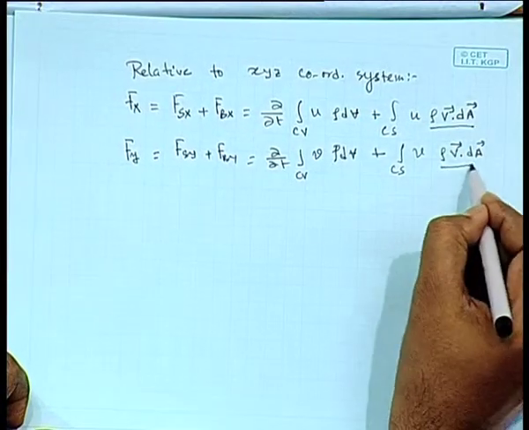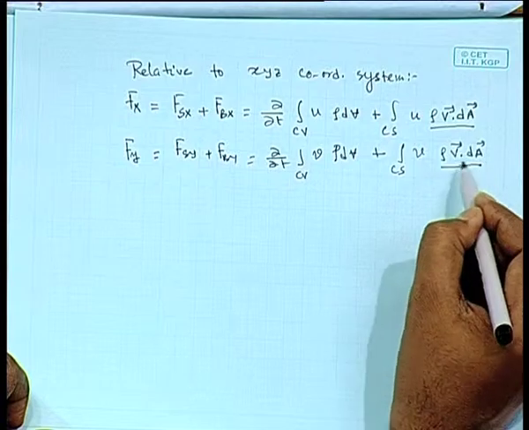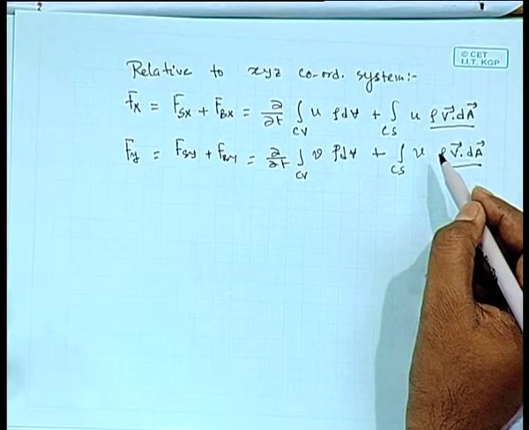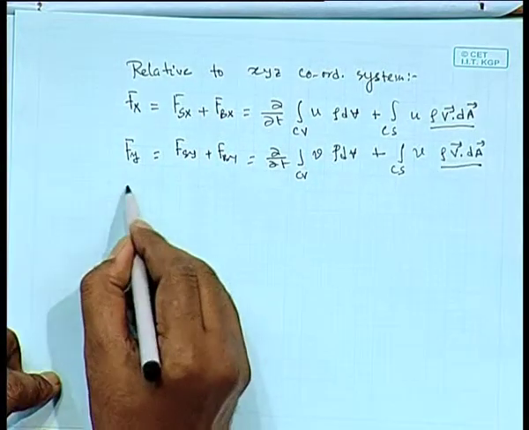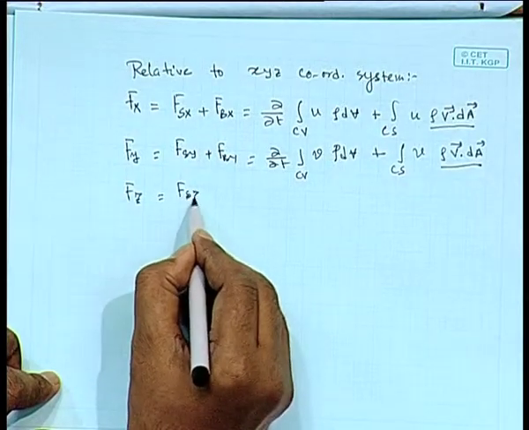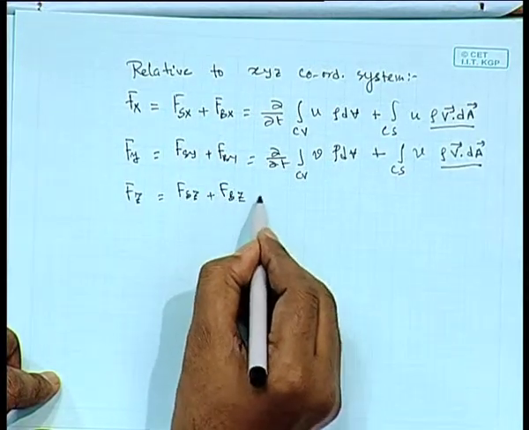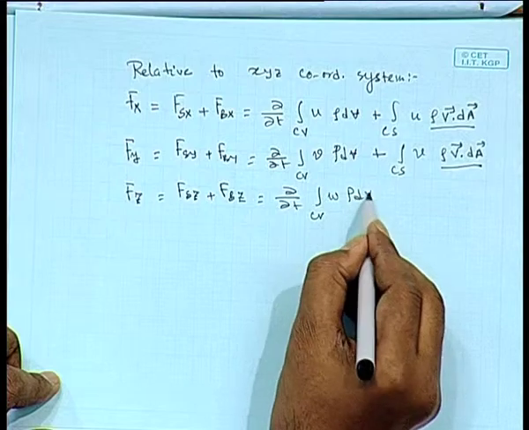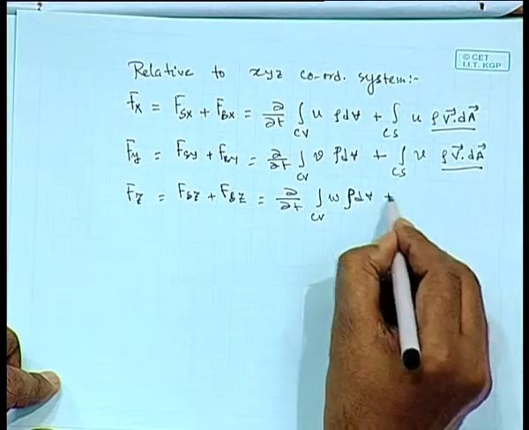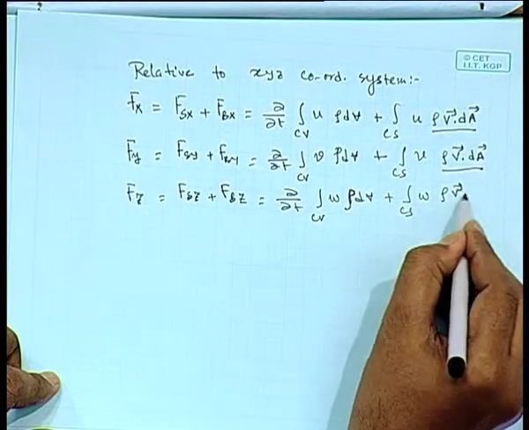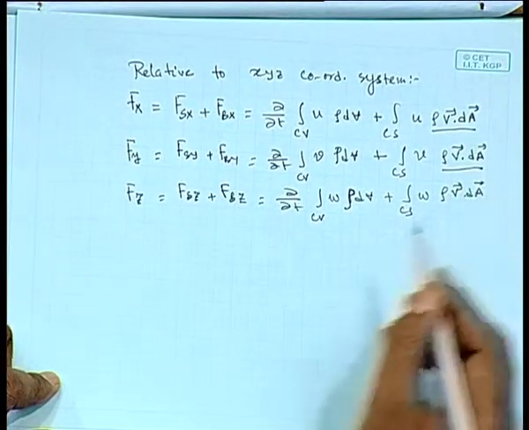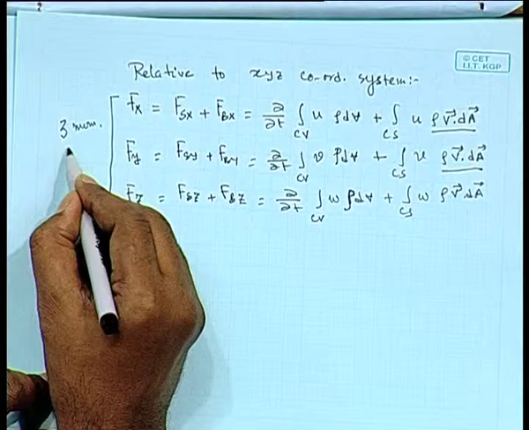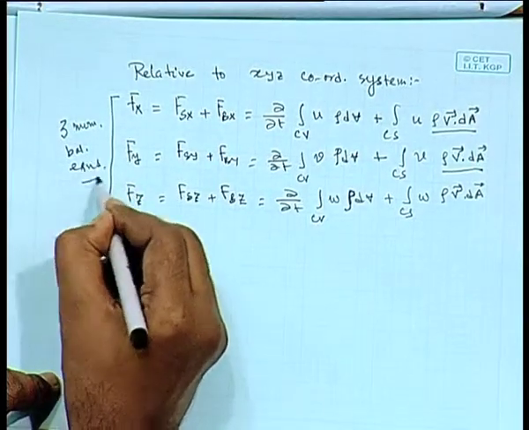This whole quantity is basically the mass dm in the control volume, so mass times the velocity component in that direction gives you the momentum in that direction. Similarly for z, with w rho V dot dA. So, these three are the momentum balance equations in three directions.